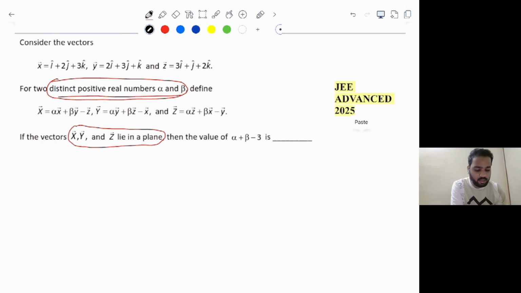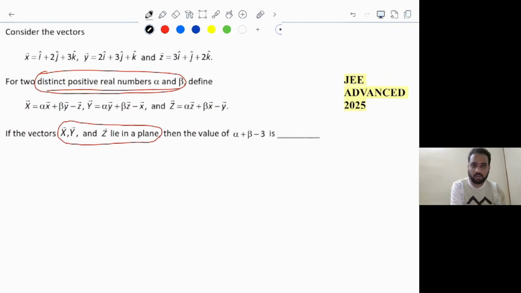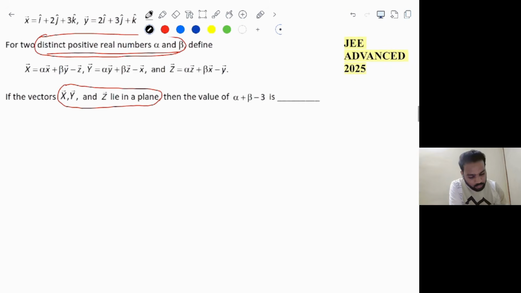Okay. So again, this is also not a difficult question. The only thing is the proper property is required. If you remember the formula, this question can be done in less than 2 minutes. Okay. So let's try to recall the concepts related to this. First thing, it's mentioned that this capital X bar, capital Y bar, capital Z bar lies in a plane.